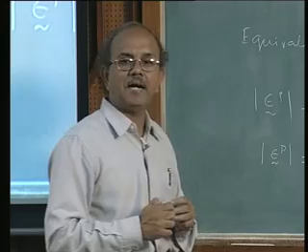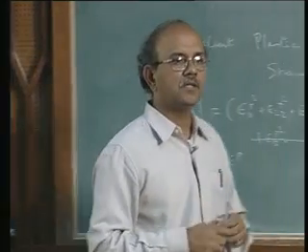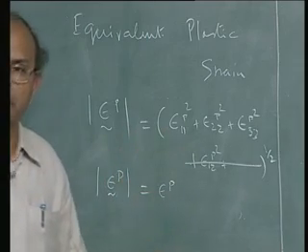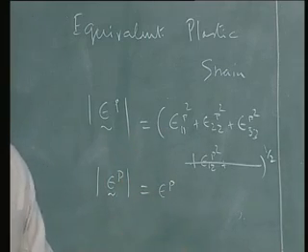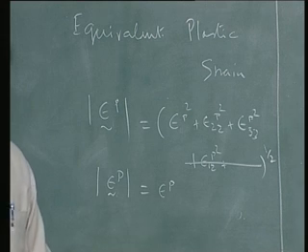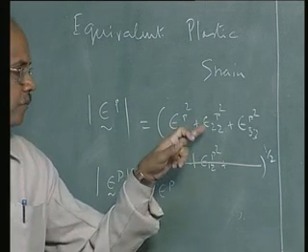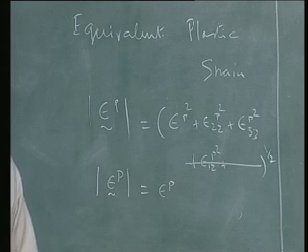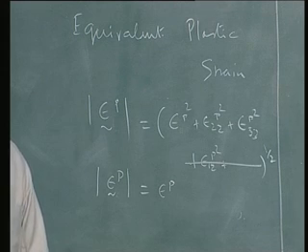So, let us say that my axis of deformation is 1, 1. So, I will have ε11^p. Let me call this just εp. So, I will have it as εp squared. And what would happen to the second term here? Will it be 0?